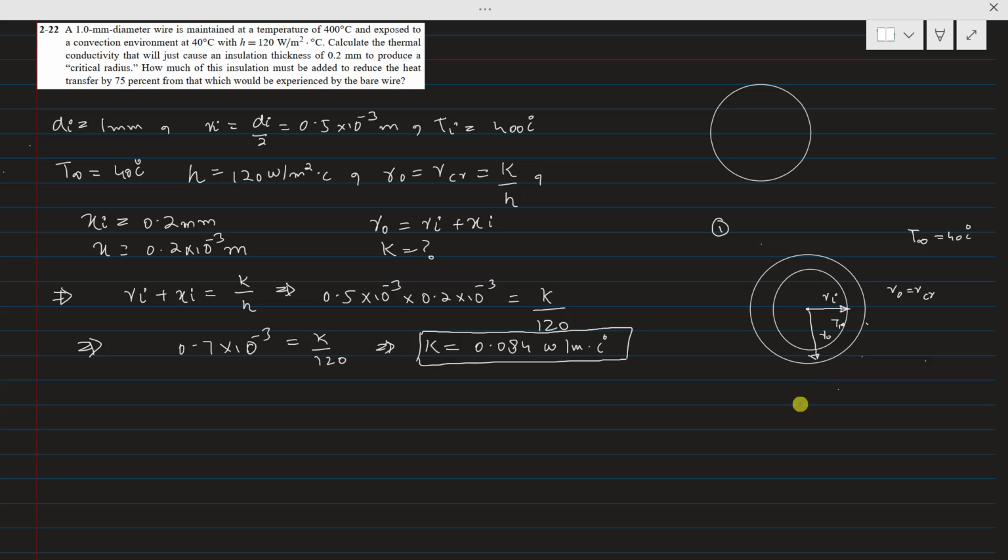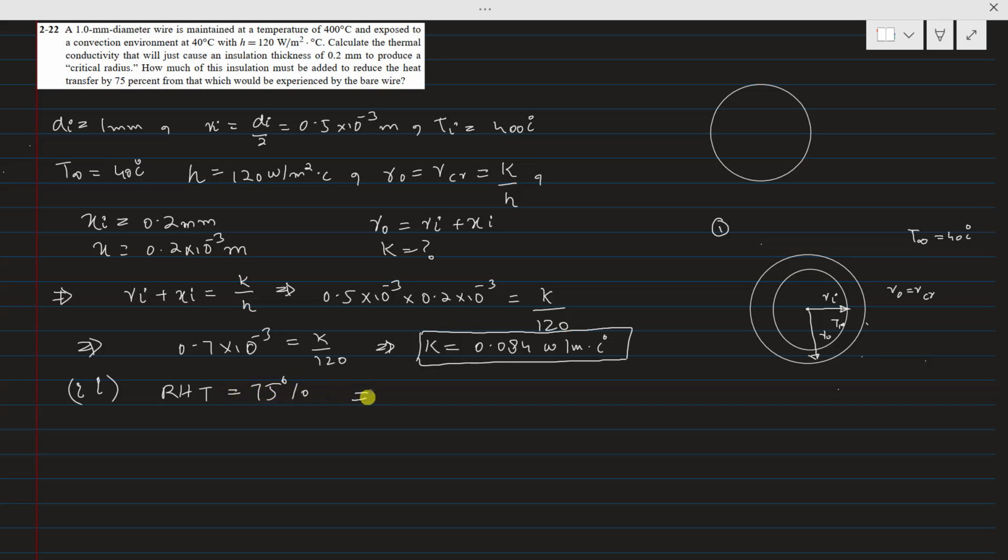So in the second condition, it says the heat transfer is reduced by 75% from that experienced by the bare wire. If we apply such insulation on this bare wire, the reduction in heat transfer takes place up to 75%.